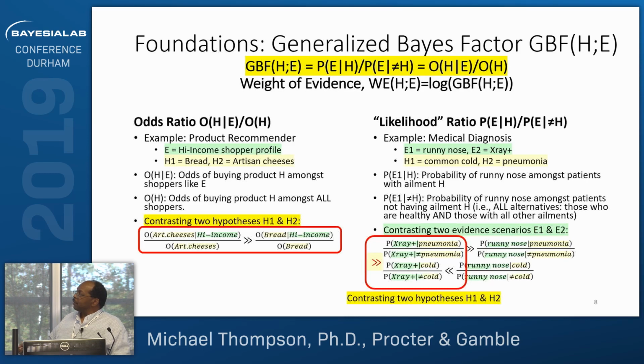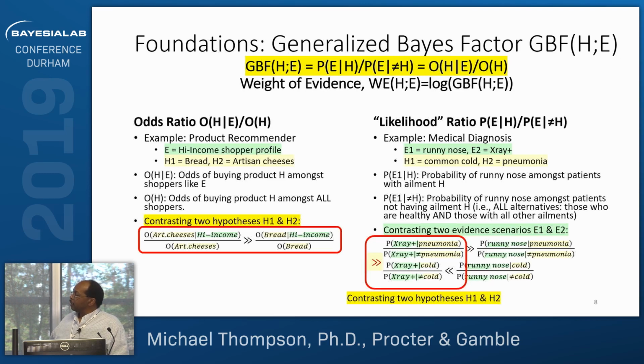But as a piece of evidence, having a positive X-ray is much more indicative of someone with pneumonia than it is of someone with a common cold. And so as far as evidence that discriminates strongly between them, you would want to give the patient an X-ray to distinguish whether it's just a simple cold or whether they have pneumonia.